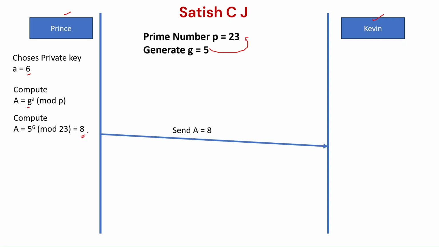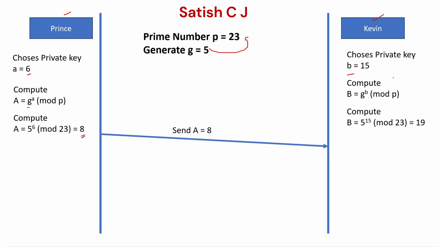Next, Prince transmits the value of A to Kevin, and Kevin from his side chooses a private key, and we call the private key of Kevin b, with a value 15. Kevin computes the value of capital B, that is G, generator 5 power b, that is 15, mod P, that is 23.